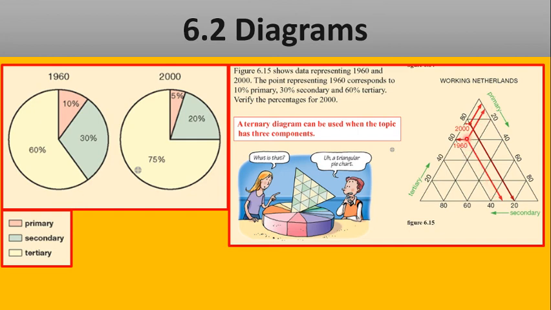So they give you points, and then afterwards you should say, well, if this is the point, then these are the values that correspond with, in this case, 1960 or 2000, etc. But the other thing that you should be able to do is drawing the points after you have been given a circle diagram, or a pie chart I mean. If you have a pie chart, then you should be able to place the points inside this ternary diagram for yourself. So please practice with those exercises.